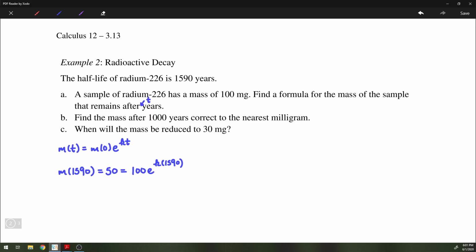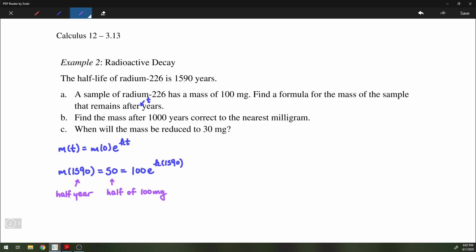And we use the number 1590 here because this is, of course, the half-life. We know at that point the mass of the sample will be half of what it was initially, so this is half of 100 milligrams.